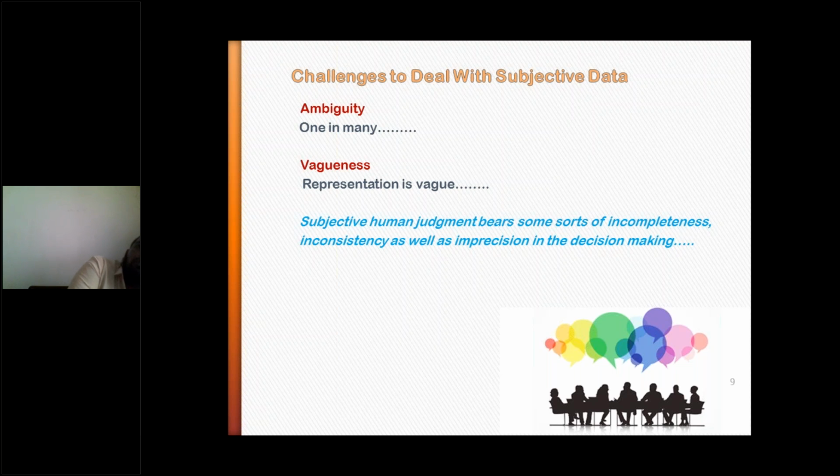It is not specified. So this is called vagueness. We call subjective data full of ambiguity and vagueness. If data is of such a type, it is very difficult to judge or make a rational decision. It is very difficult, but it is possible.